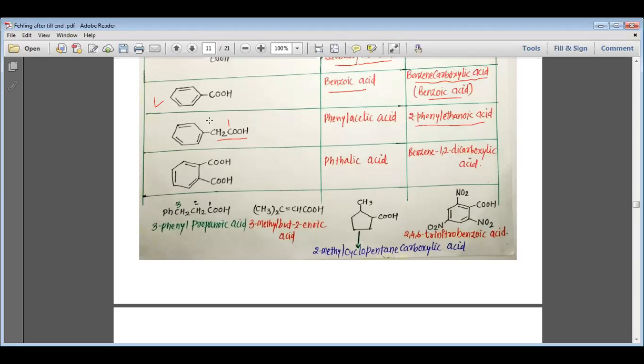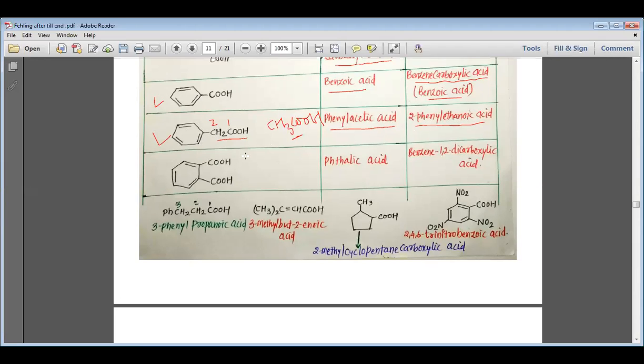So you can see that these are the 2 carbons. On second carbon we have phenyl group, so it's 2-phenyl and ethanoic acid. In common name, it is also known as phenyl acetic acid. CH3COOH is your acetic acid. So one of the hydrogens of acetic acid is replaced with the phenyl group, and that is why it is known as phenyl acetic acid.